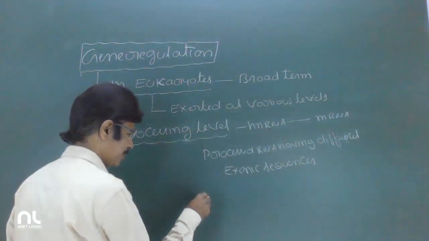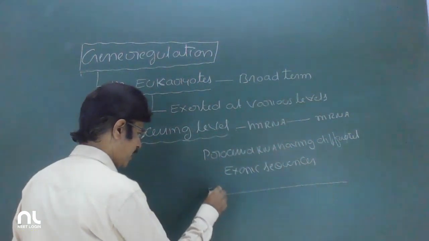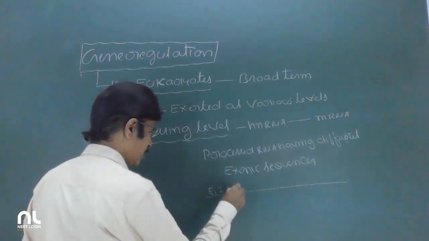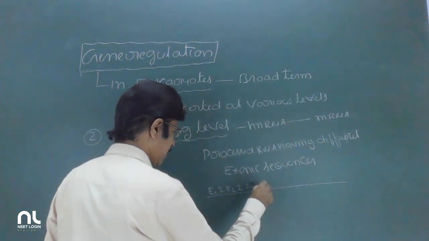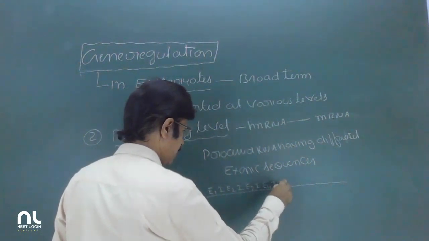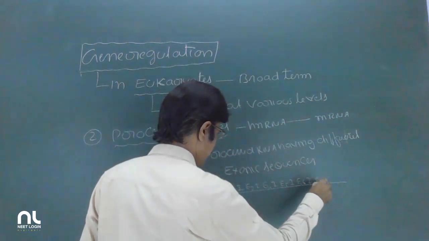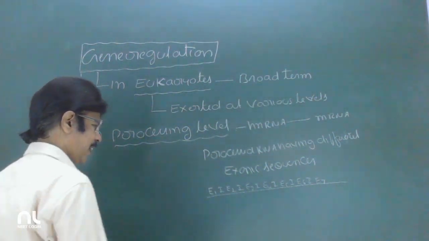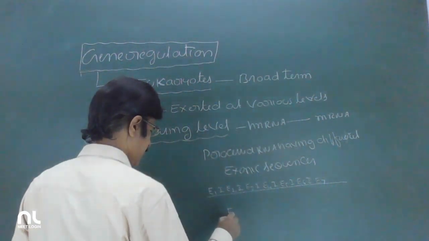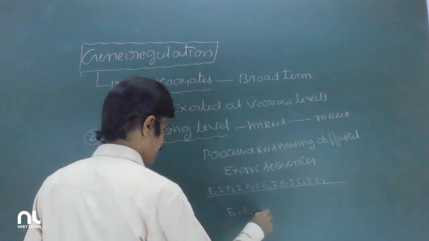Suppose exon 1, intron, exon 2, intron, exon 3, intron, exon 4, intron, exon 5, intron, exon 6, intron, exon 7. Suppose a protein requires only E1, E4, E7.